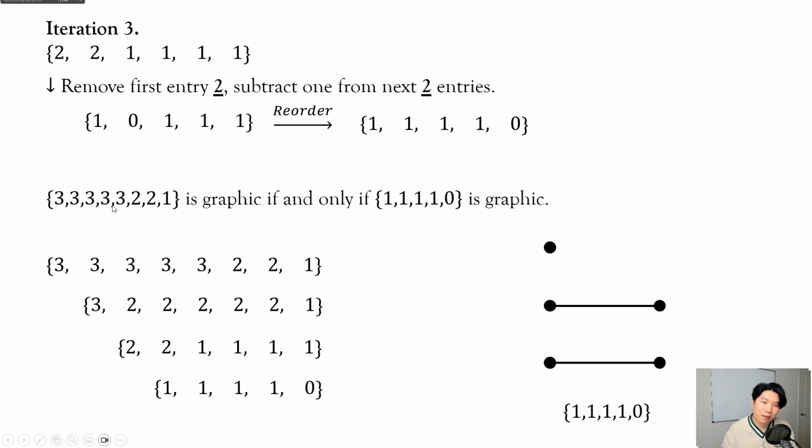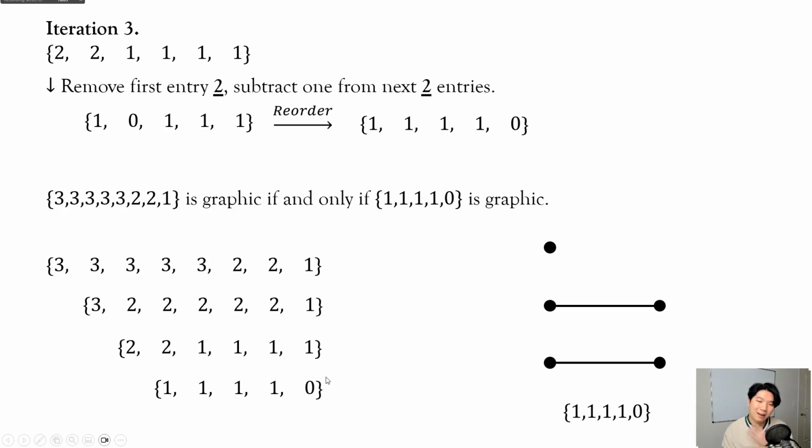So yes, my original sequence is in fact a graphic sequence. If it was impossible to draw this picture, then I would say no, it's not graphic, hence my original sequence cannot be graphic. It's an if and only if relationship for us.